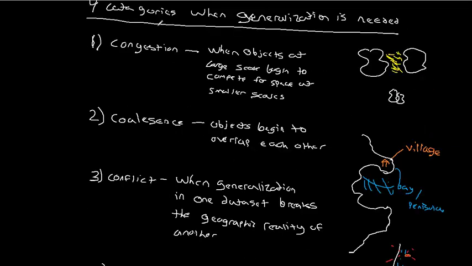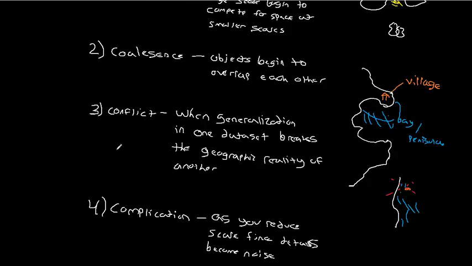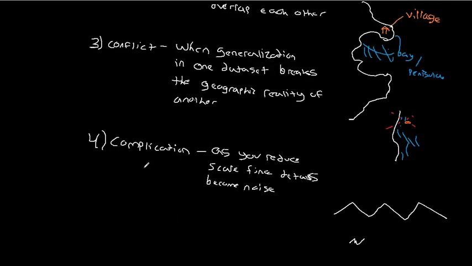You also need to be aware of conflict, where as we change the shape and modify and generalize one set, we have to be paying attention to what that does to the geographic relationships in another set. And then finally, we have this idea of complication, which is as you change your scale, you have to be aware that sometimes your fine scale details will actually become noise and can make the overall map look worse.